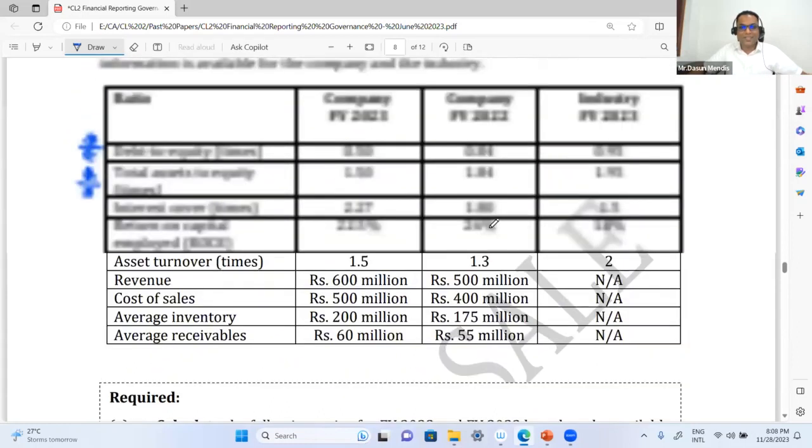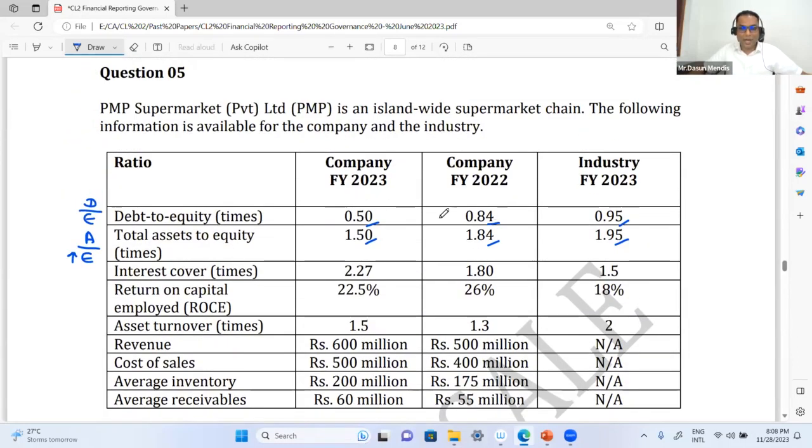The gearing level has come down compared with last year. It is evident by both debt to equity and the total asset to equity ratios. And also you can say that compared with the industry, this particular company's gearing is low. Which means this company's financial risk is low. Its commitments are low. Right?